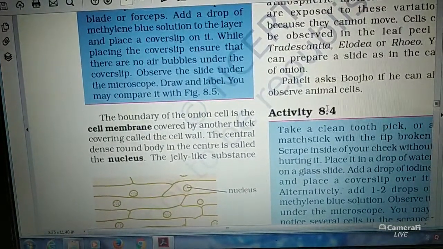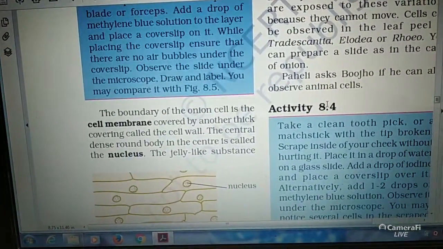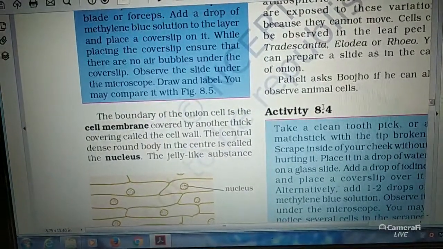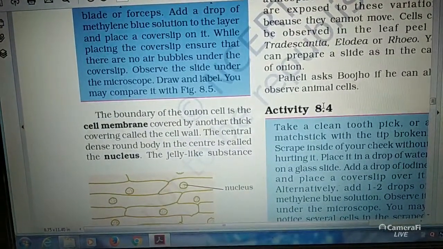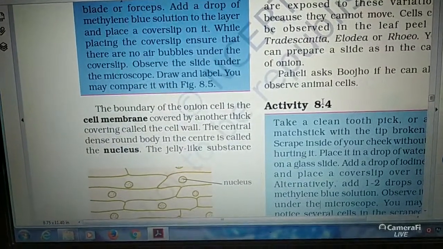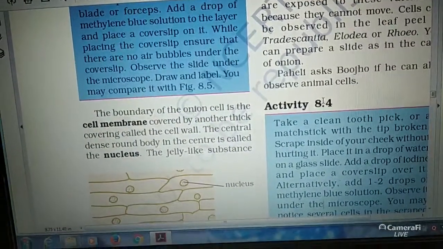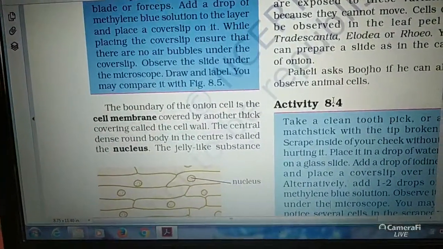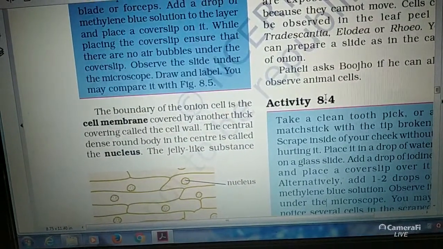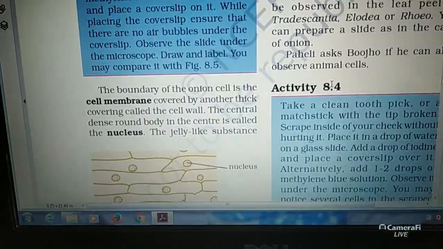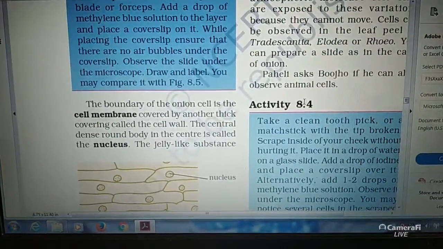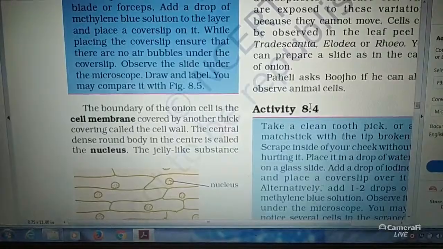Suppose in class 8A you have one secondary wall also to separate one class from another class. That secondary wall you can see from the outside, that is the cell wall. After that you have the normal class wall. So when it is bounded with another wall like structure or with dead cells, that will be the cell wall.